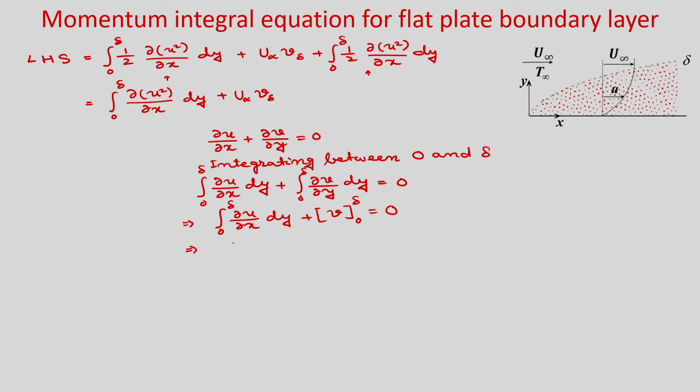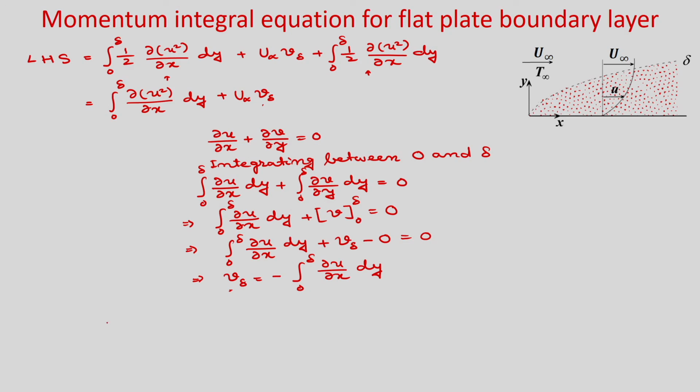So, you can write integral 0 to delta del u by del x into dy plus v delta, at y is equal to delta, and at y is equal to 0, v is 0, so minus 0 is equal to 0. So, you can find v delta as minus integral 0 to delta del u by del x into dy. Now, this v delta you put here.